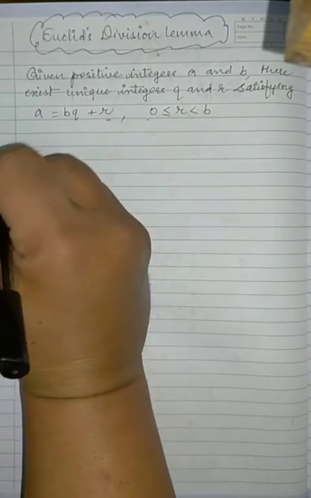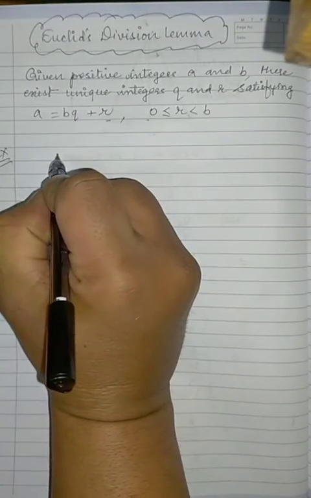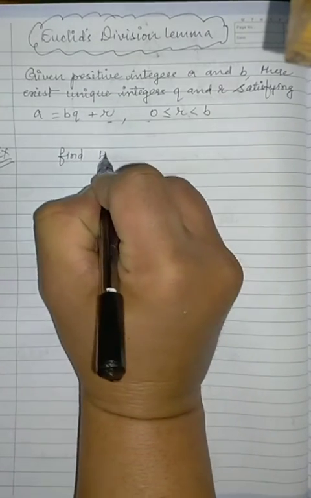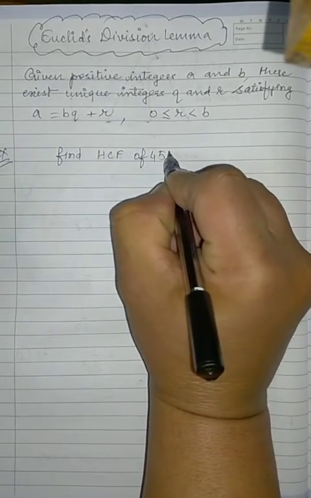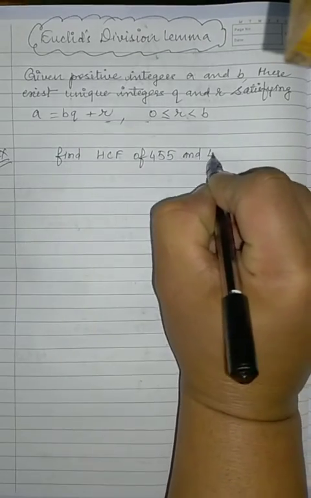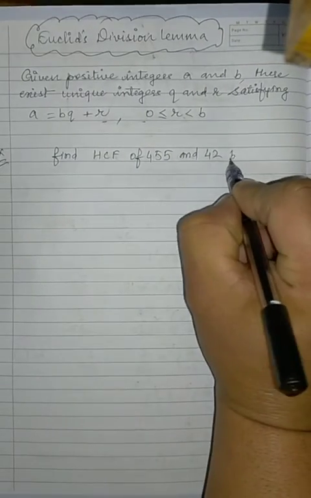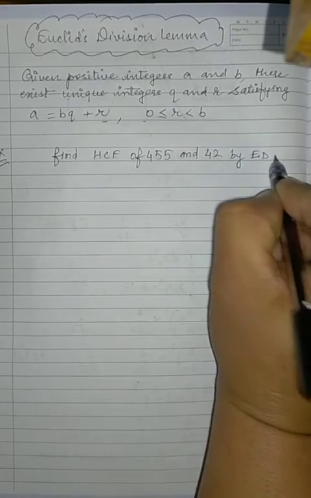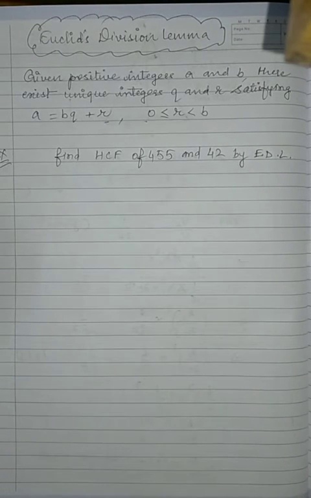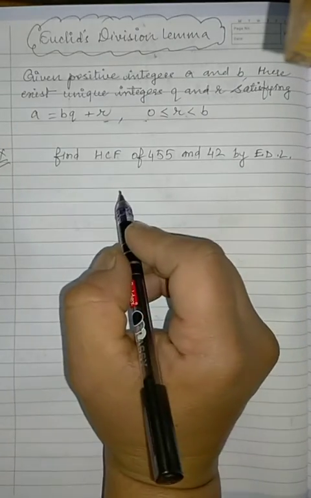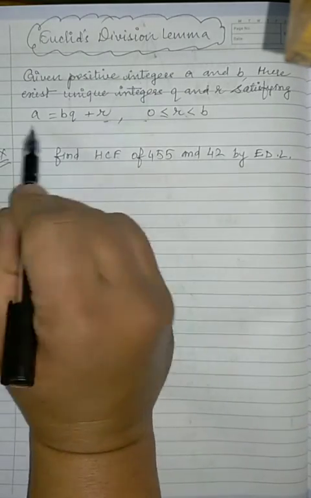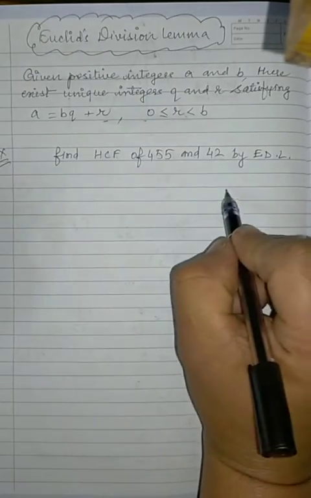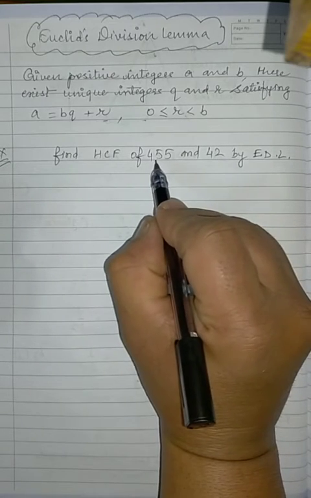I am taking an example here. Find HCF of 455 and 42 by Euclid's division lemma. For arranging this HCF in terms of lemma, we will divide 455 by 42.